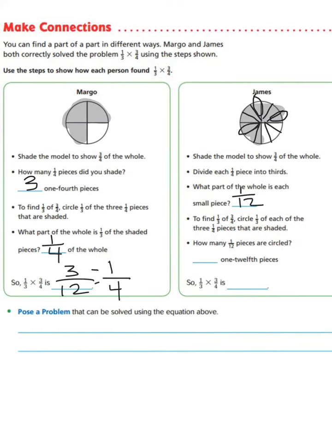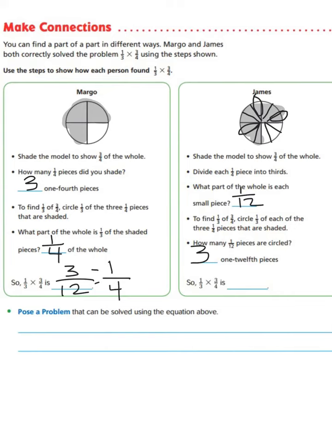All right. Now, how many 1/12 pieces are circled? And we see that we have circled 1, 2, and 3. So the answer to that is going to be 3 1/12 pieces are circled.